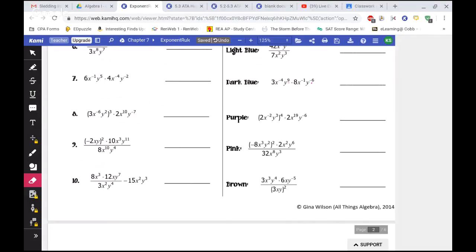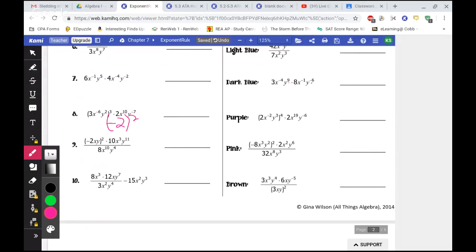And what you'll do on number 9 is you want to work on the distribution of that 2 first in the numerator. You've got -2xy raised to the second power. So you want to handle those exponents first. So I'm going to distribute that. That's going to be 2 squared.